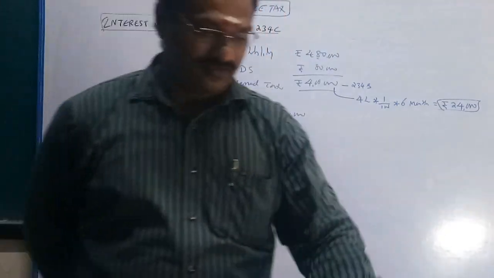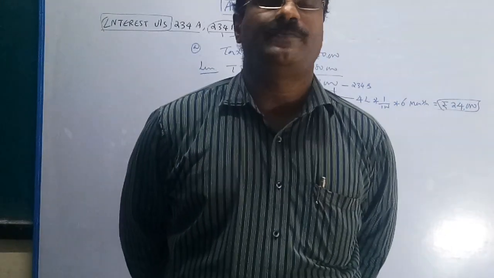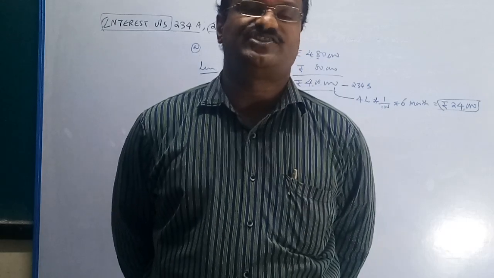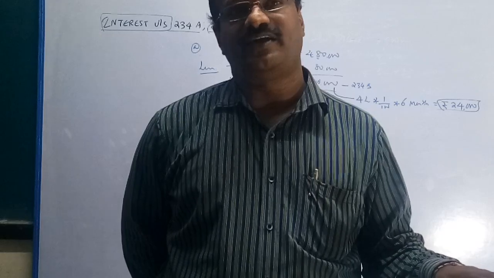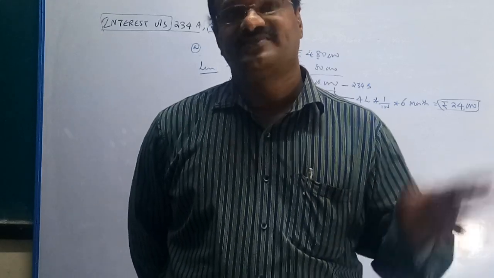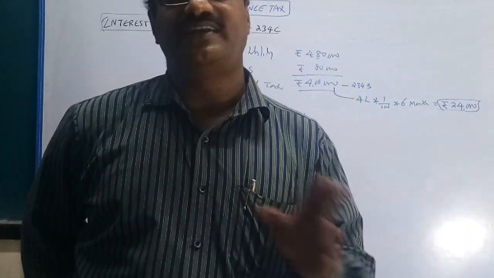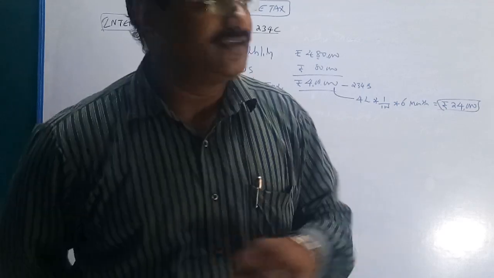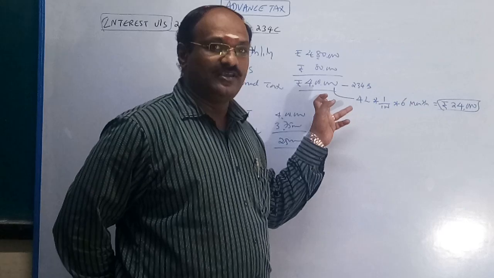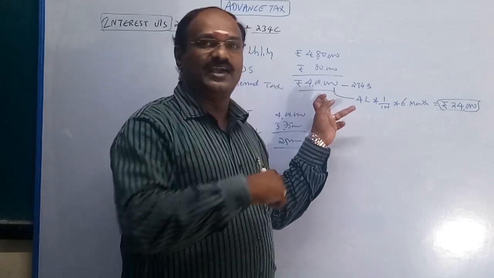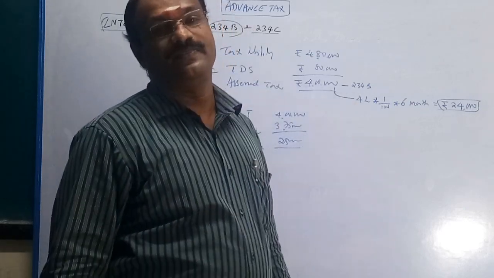See, in the previous page we saw when interest under section 234B is attracted: when there is no advance tax paid at all, or advance tax paid is less than 90% of assessed tax. See, this is your assessed tax, 4 lakhs. Put 90% of 4 lakhs, 3,60,000.